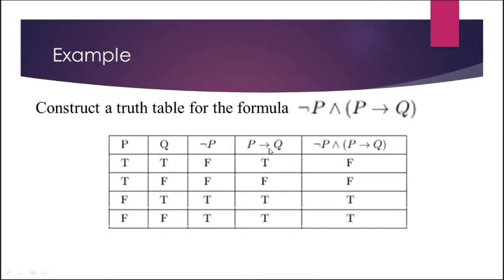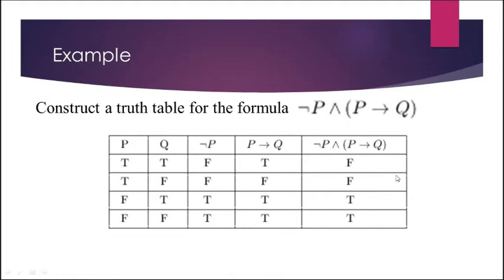It becomes true only when the two statements are both true. False, true, false. False, false, false. True, true, true. True, true, becomes true. So that is our truth table for this formula.